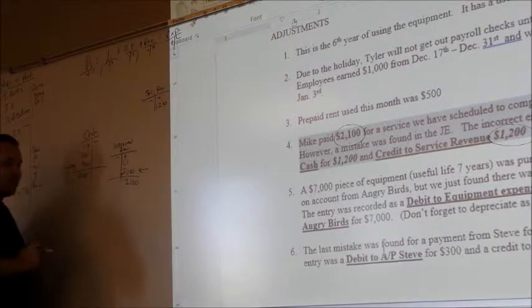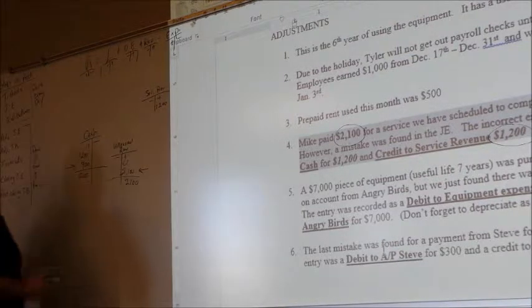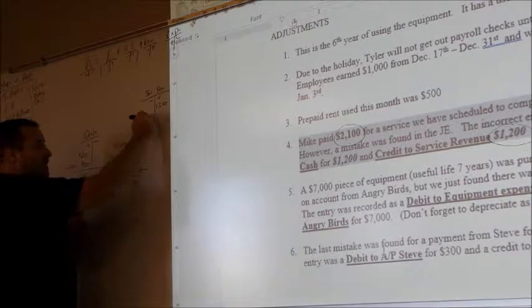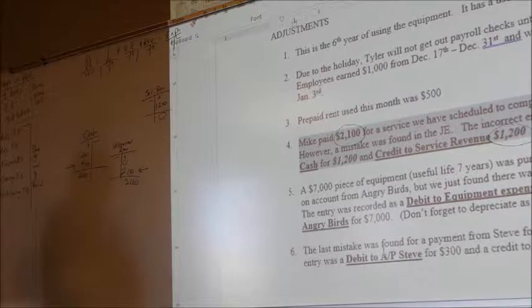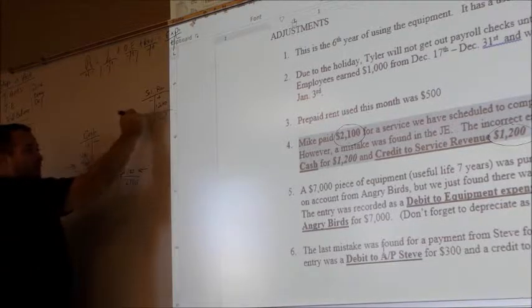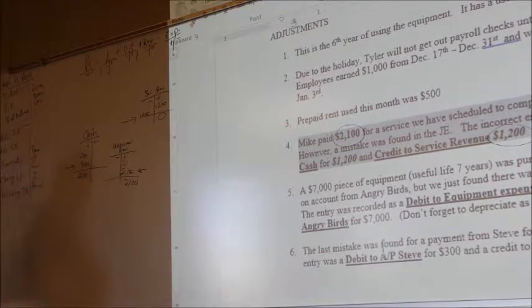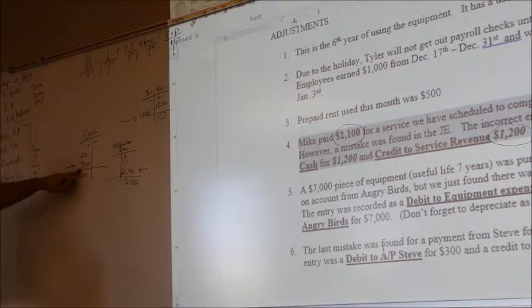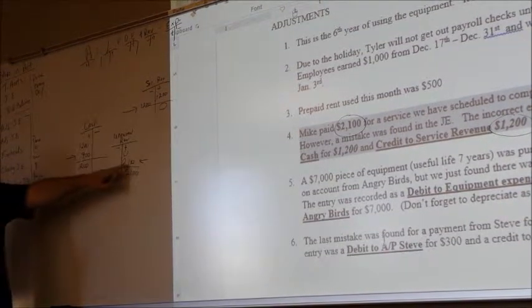Hopefully it's obvious that you would credit 2,100 as one of your entries. And then the final entry, service revenue, shouldn't have had anything yet. My total should have been 0. So to get the 1,200 out of there, I need to debit 1,200. I've got 2 debits, 900 and 1,200, to offset my 1 credit.